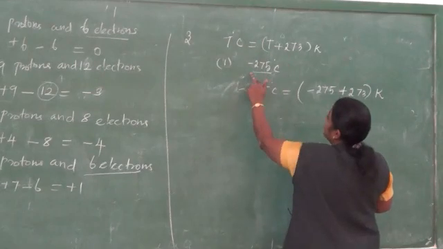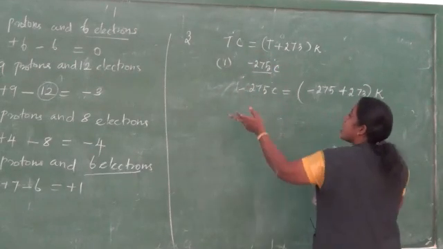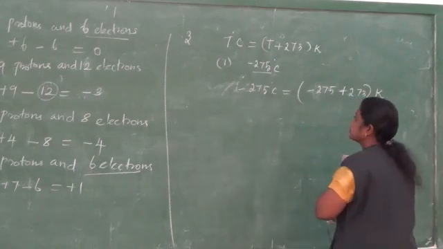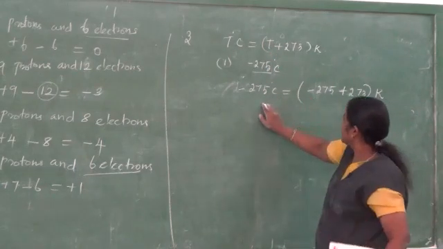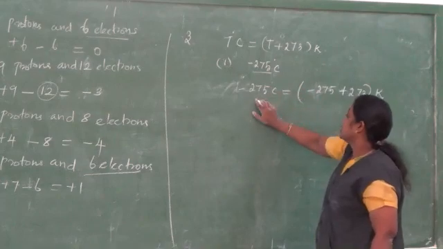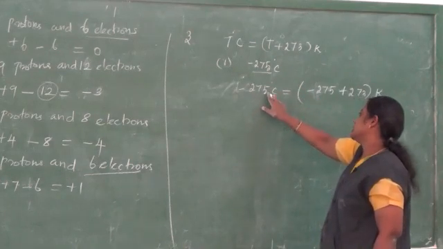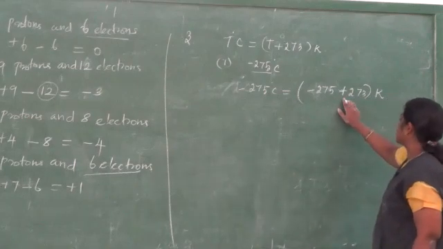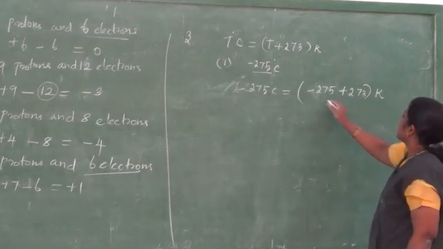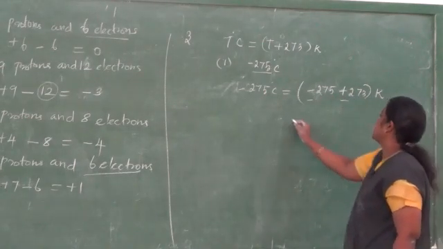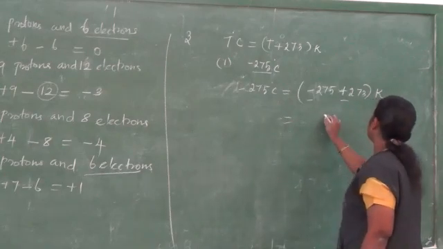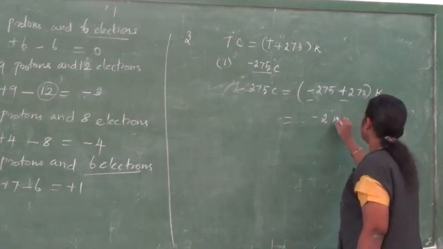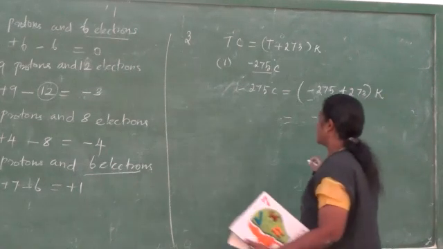Instead of T, you should apply minus 275, or else if 75 is given, you should apply 75. So now I applied here for T, minus 275 degrees Celsius equal to minus 275 plus 273. Here one is a negative sign, one is a positive sign. If you are finding the difference, the negative sign you will get, so minus 2 degree Kelvin.